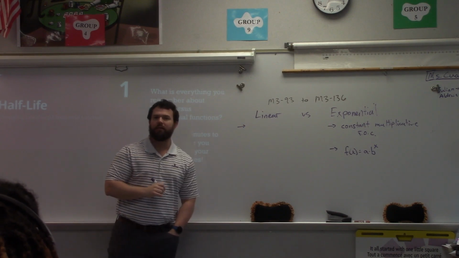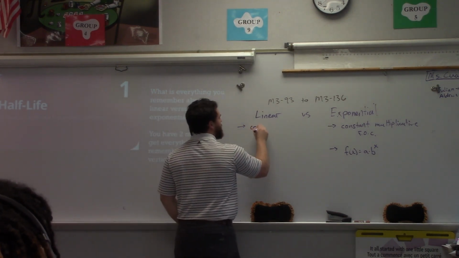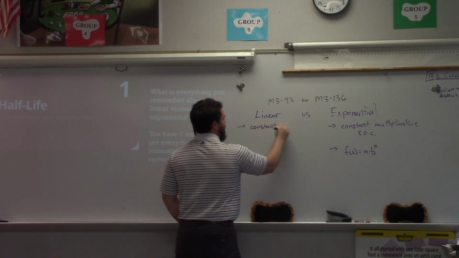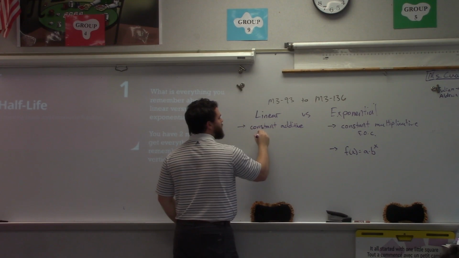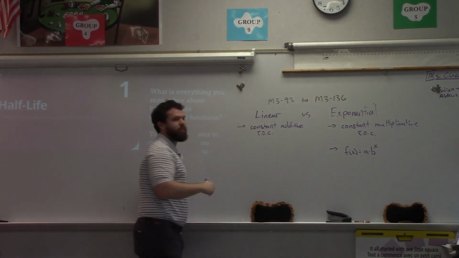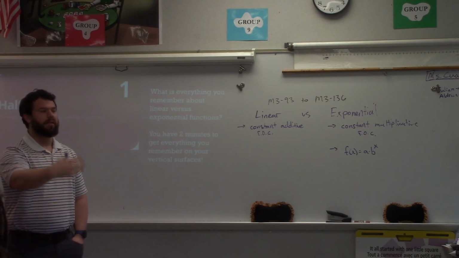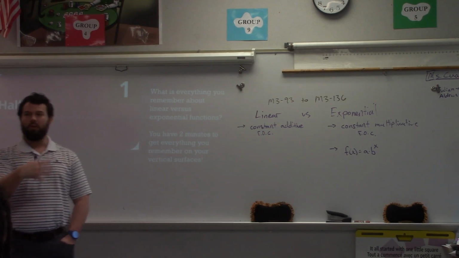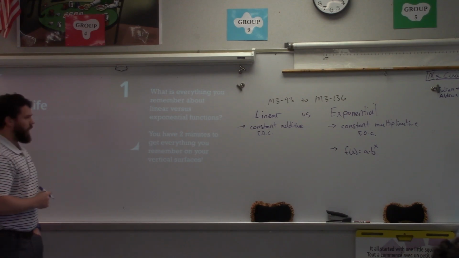How did that compare to linear? It had a constant additive rate of change. Remember, these are the only functions that had a constant rate of change, right? Eventually with polynomials we got to constant, but only the exponential and the linear had a constant rate of change right away.